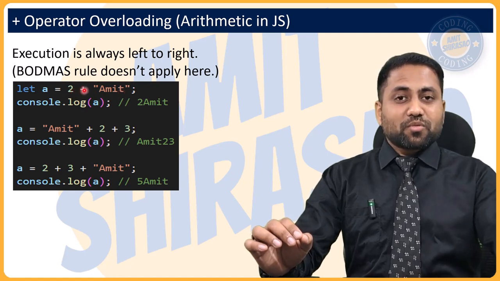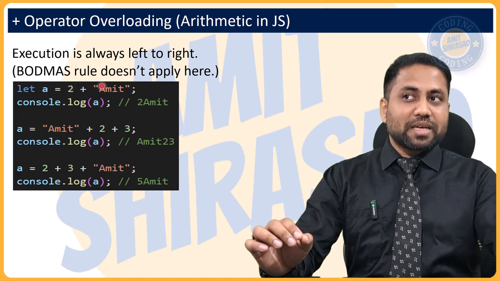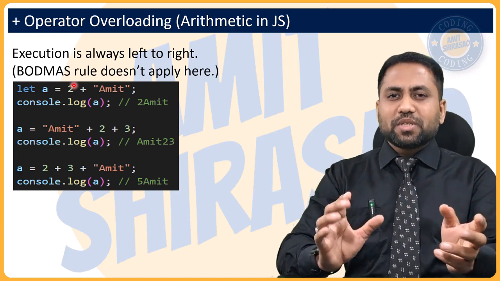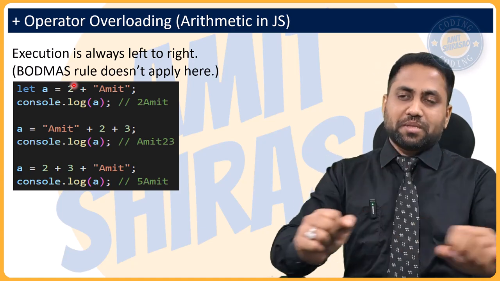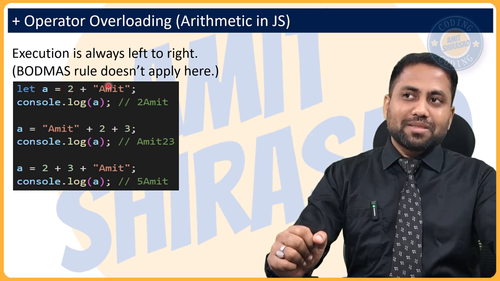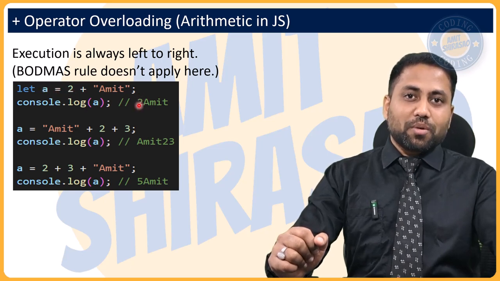So the plus operator converts this into a string, and then it concatenates, means joins the two strings. String concatenation means joining the two strings. So it first converts this into a string and then joins it with this string, and thereby the value which finally gets assigned to the variable a is 2 Amit.